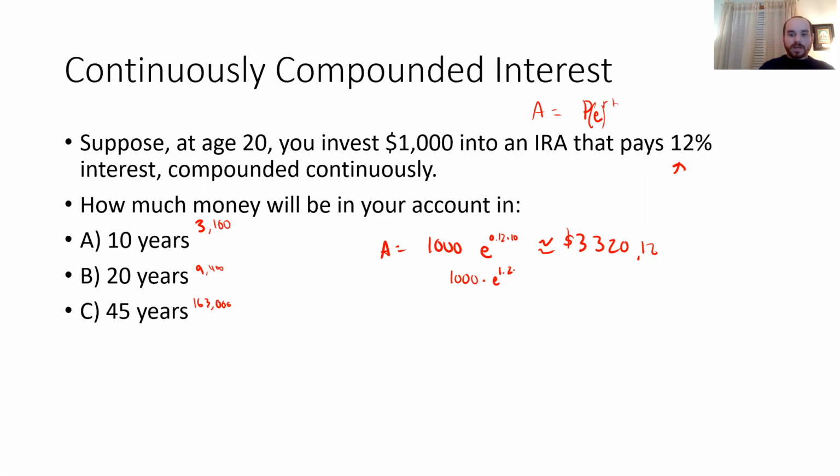Then we're going to go ahead and plug in 20. So we'll have 1,000 times E to the 0.12 times 20. That's equal to 2.4. So 1,000 E to the 2.4. So we take E, raise it to the power of 2.4, and multiply by 1,000.